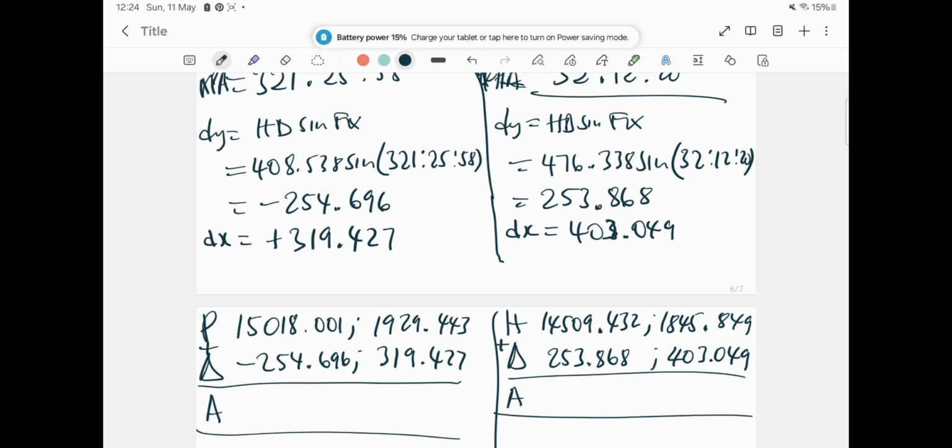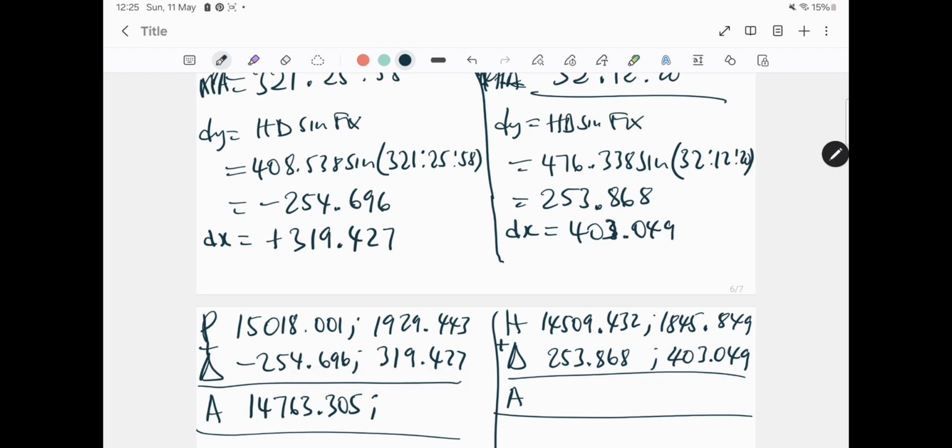15,018.001 plus negative 254.696. So this side we're getting 14,763.305. Then 1929.443 plus 319.427.